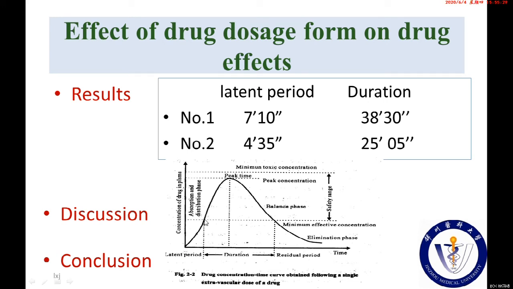Once the drug concentration in the body exceeds this level, it will show effects like we see here today. And then the drug will be eliminated after absorption and distribution. At the same time, the drug can also be eliminated, so the drug concentration in plasma will decrease further, even lower than this minimum effective concentration. From here, its effect will disappear.